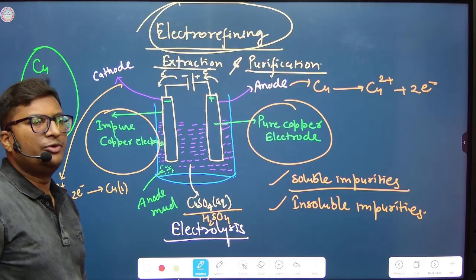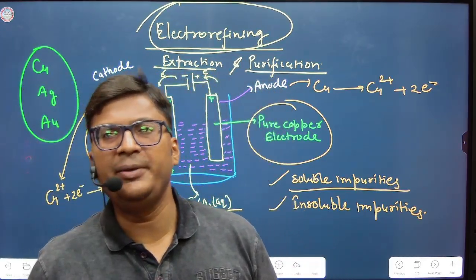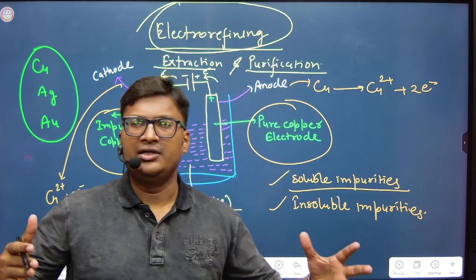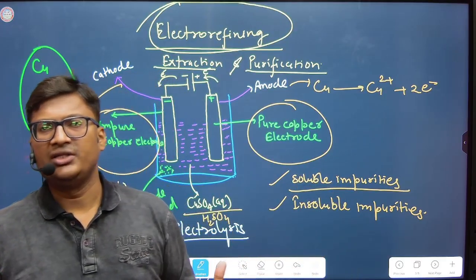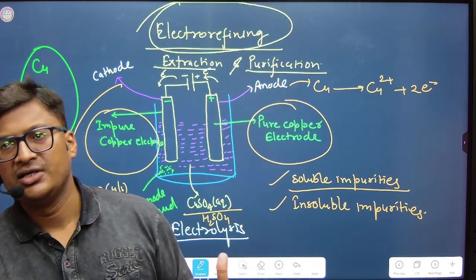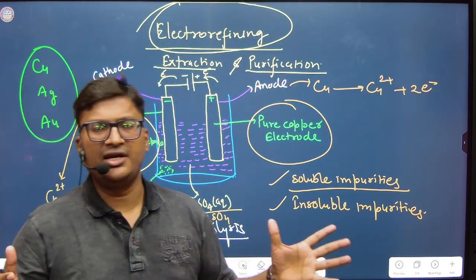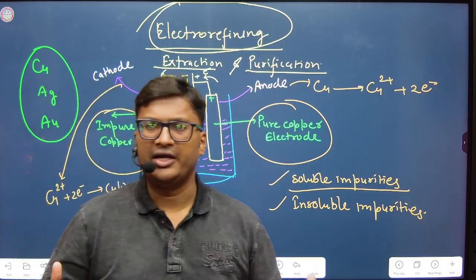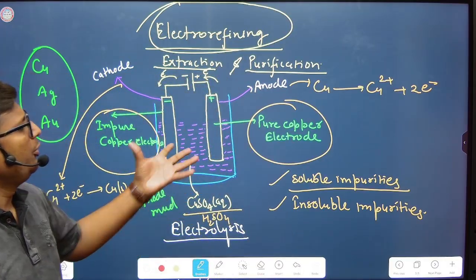If you have an impure metal, in the sense it may be alloys or it may be ores which contain different metals. Suppose we want to extract gold, then if you have an ore of gold, it contains silver, aluminum, iron, zinc, lead, tin, etc. So many metals can constitute the impure metal.